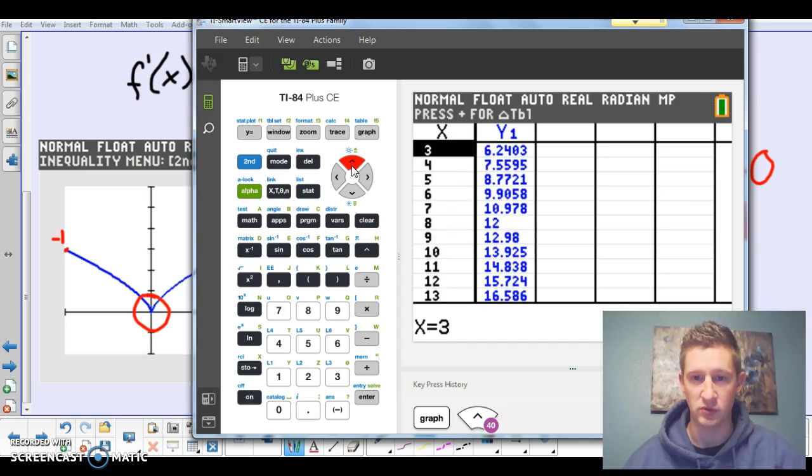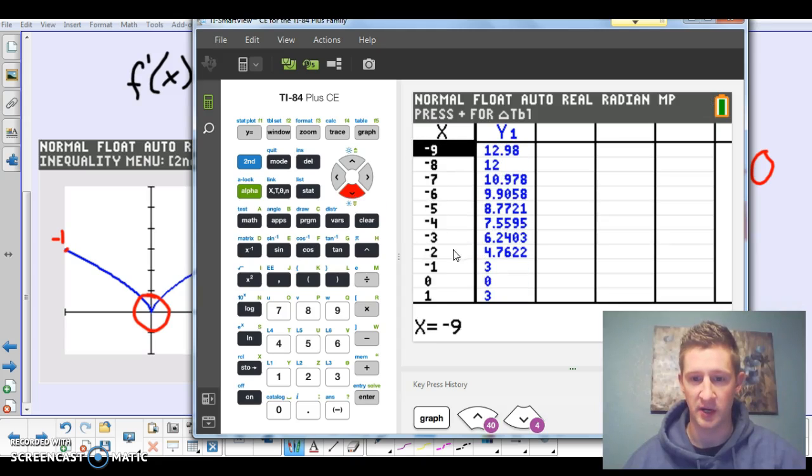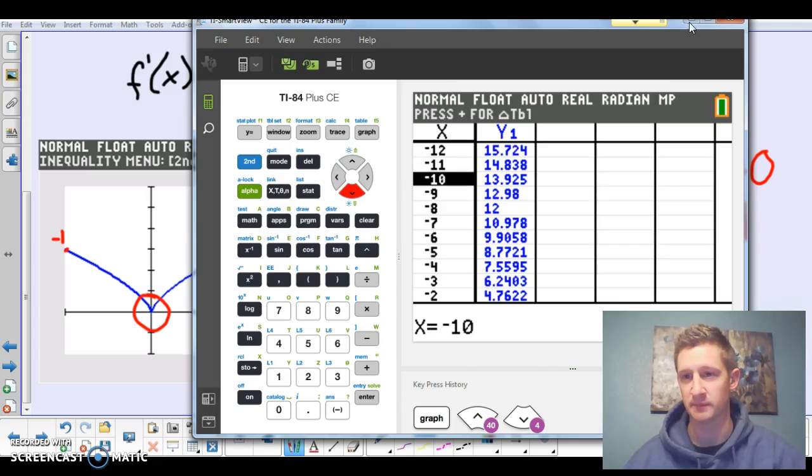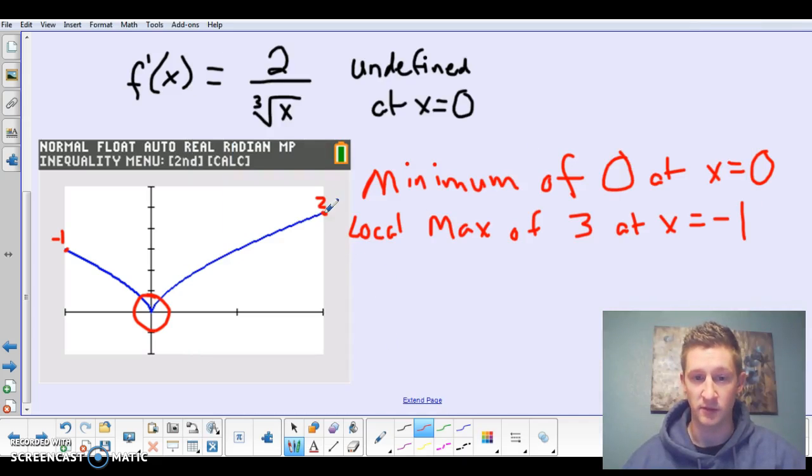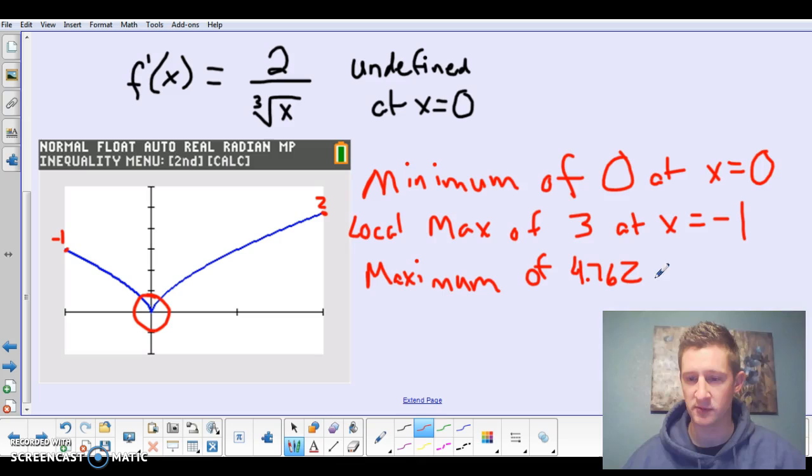When x equals 2, y equals 4.762, I think it said. Good enough. So that would be the maximum because there's no other points higher than that particular output on my function. So a maximum of 4.762, pretty sure that was the decimal, at x is equal to 2.